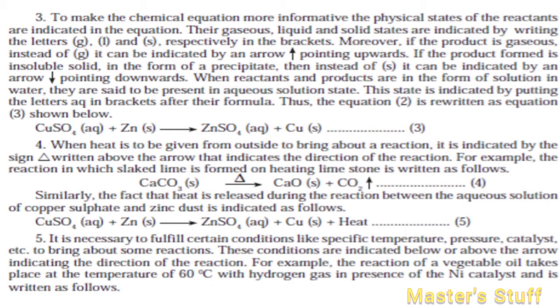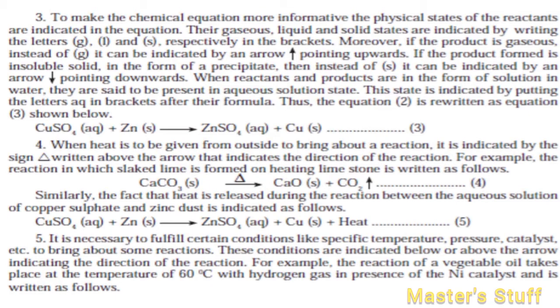Fourth point, when heat is to be given from outside to bring about a reaction, it is indicated by the sign triangle written above the arrow that indicates the direction of the reaction.